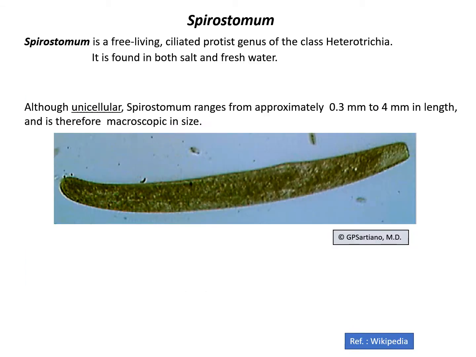Although Spirostomum is unicellular, it is quite large, ranging from approximately 0.3 of a millimeter to 4 millimeters in length. It is therefore macroscopic in size.